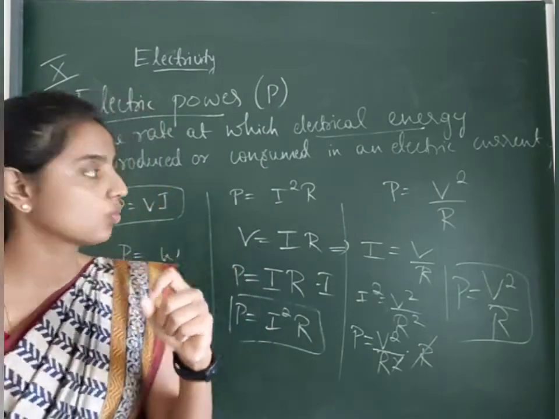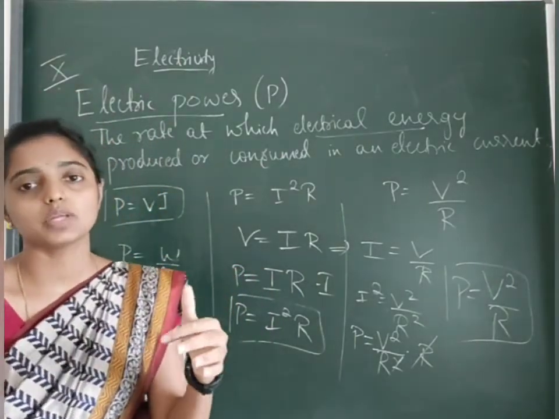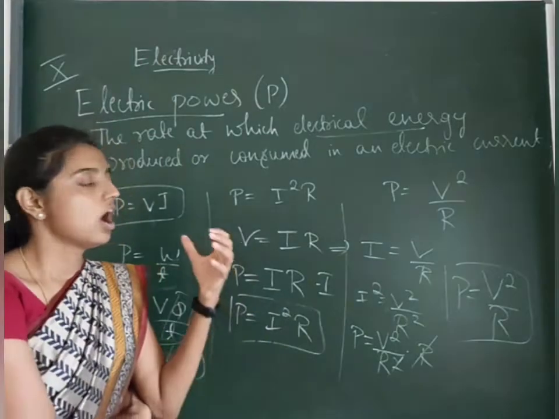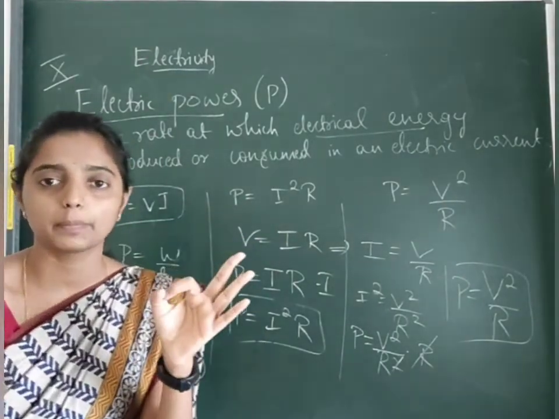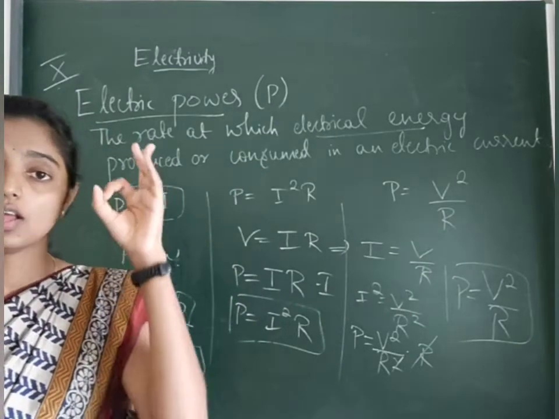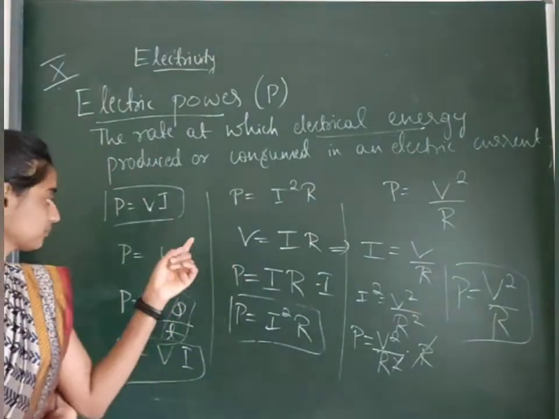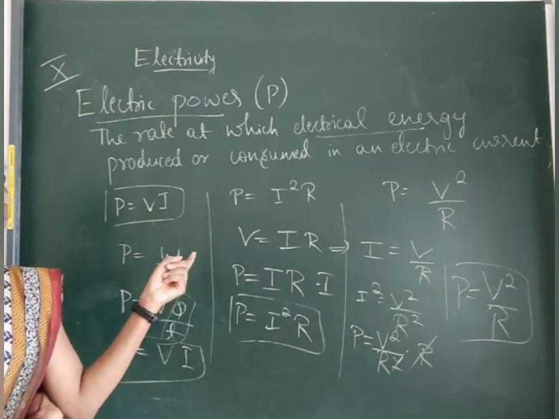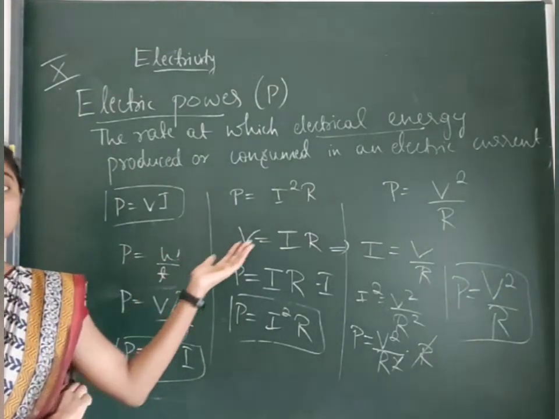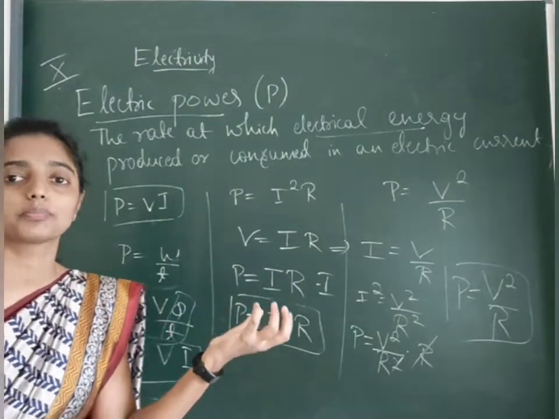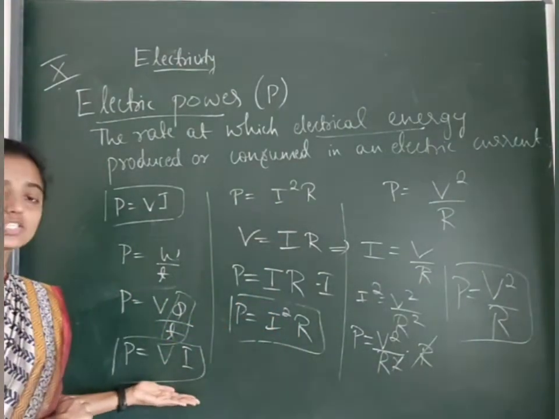That means you should know which are the correct ones. At the same time, if they modify the question, you should know how we are getting these equations. So once again I repeat, first we need to know the formula of basic power, that is power equals work done by time, and next you should take the potential difference from that. Step by step you will get P is equal to VI.